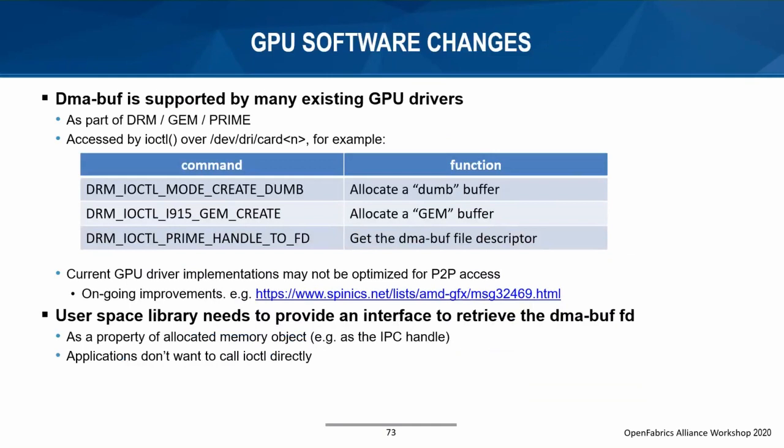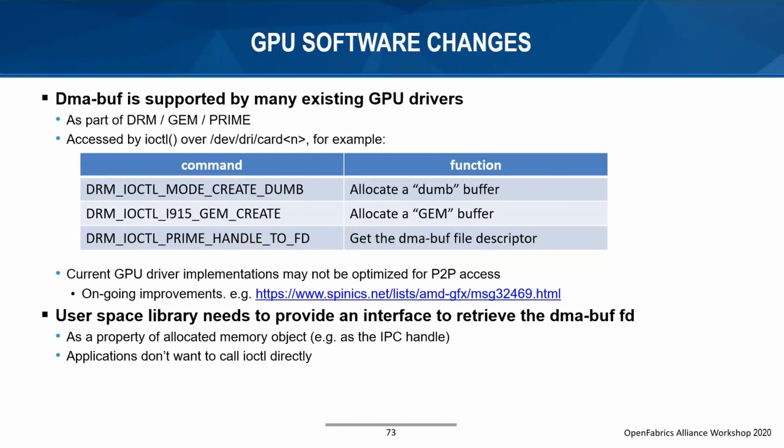They are accessed by the I/O control method through a special device. But currently, the GPU drivers, together with the DMA-BUF implementations, may not be optimized for peer-to-peer access yet. So there are some improvements ongoing on that side.